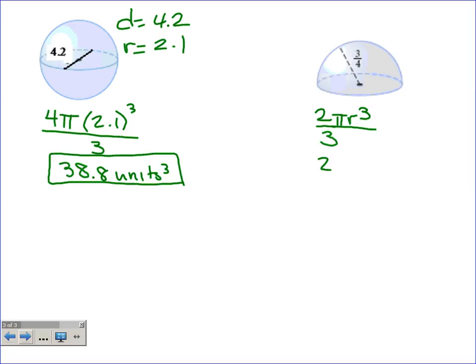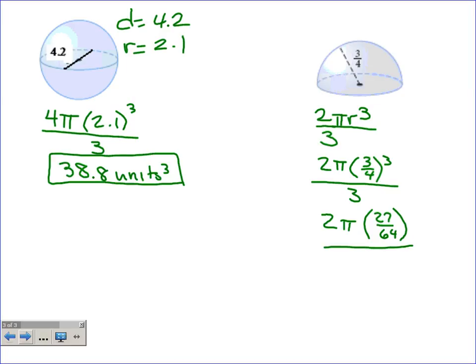So we have 2 times pi times 3/4 cubed over 3. What's 3 cubed? 27. What's 4 cubed? 64. So this is 27 over 64, all over 3. I got 9 when I divided.